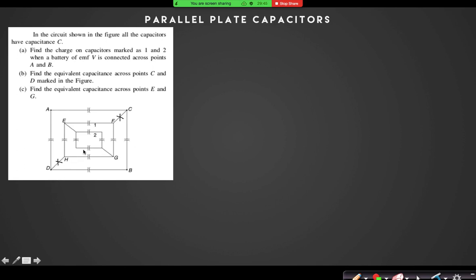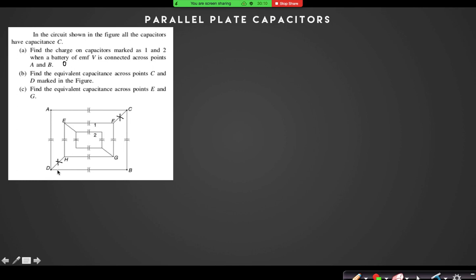Now the question is, if I neglect this line, is there any source that will provide any current or charge in this circuit that is in between this bigger box? No, sir. Right? So no one is going to provide any charge, so all these capacitors will carry 0 charge. 1, 2, all the capacitors will carry 0 charge. So first answer will be 0.